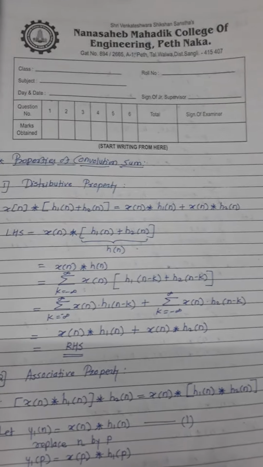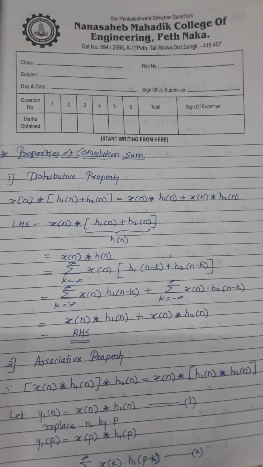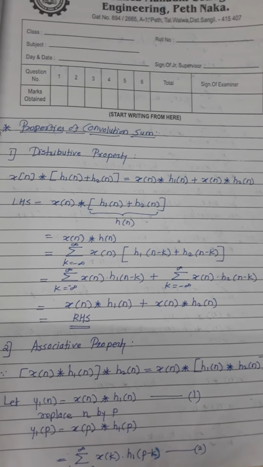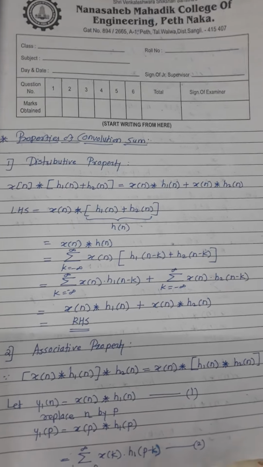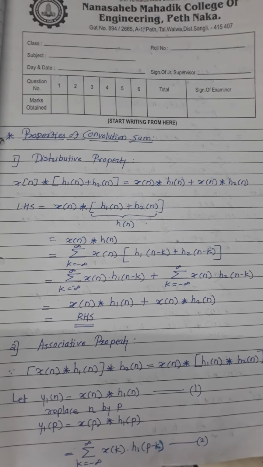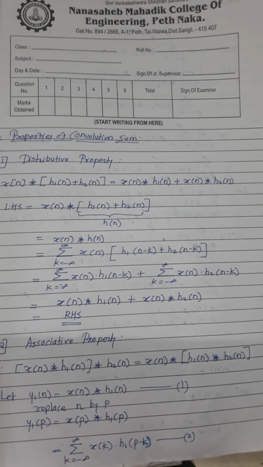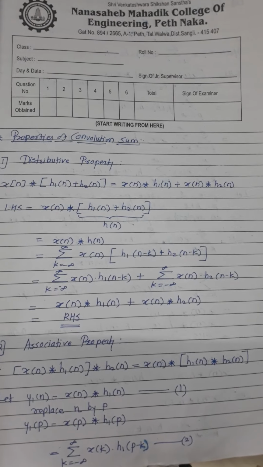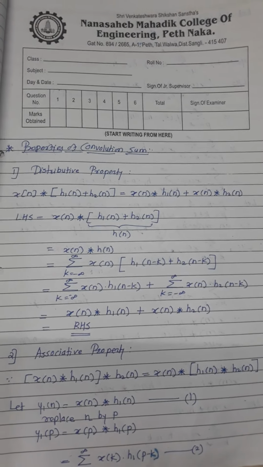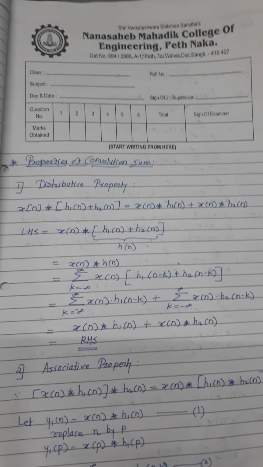Both the left hand side and right hand side have the same meaning and the same output value. I have explained here the left hand side with respect to the right hand side. Simply, we are using the convolution formula, from minus infinity to infinity, with its values related to n and k, to represent the distributive property over here.